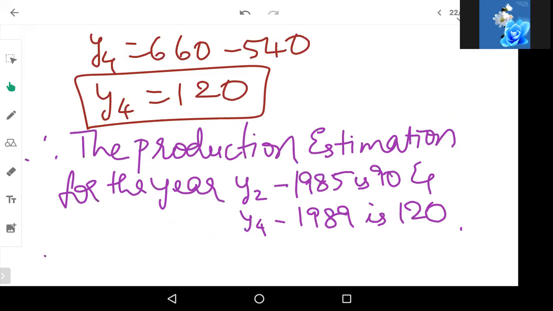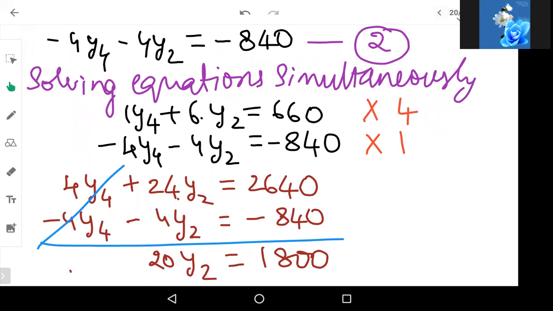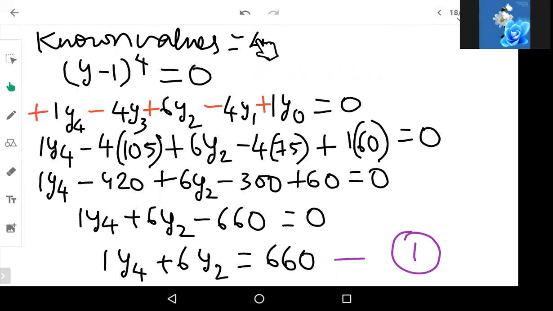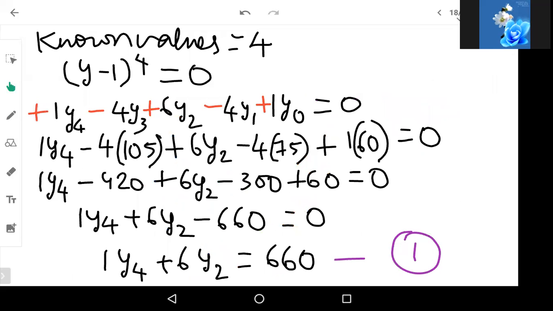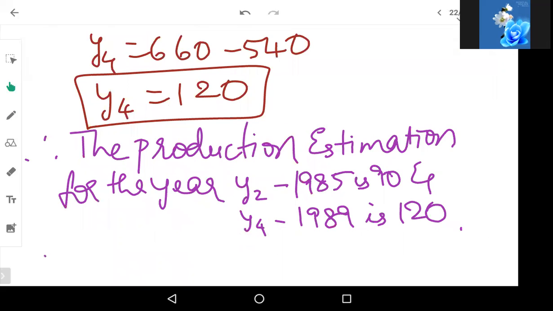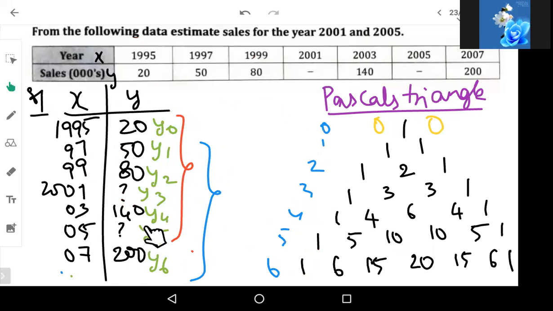In the previous one, we knew 4 values, so that is why we took the 4th one. I hope you are able to get the relation here. Since we knew 4 values, we took y4. Now in this problem, we know 5 values, so we are taking the 5th one, y5.